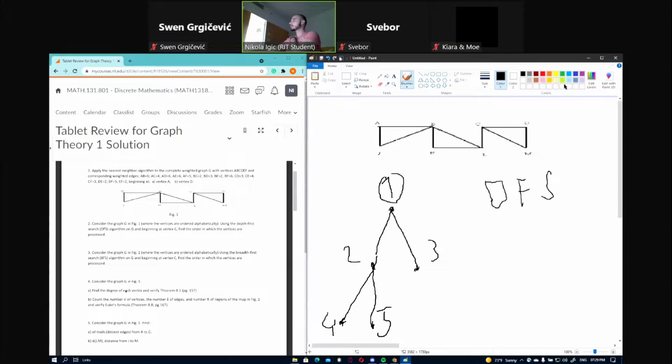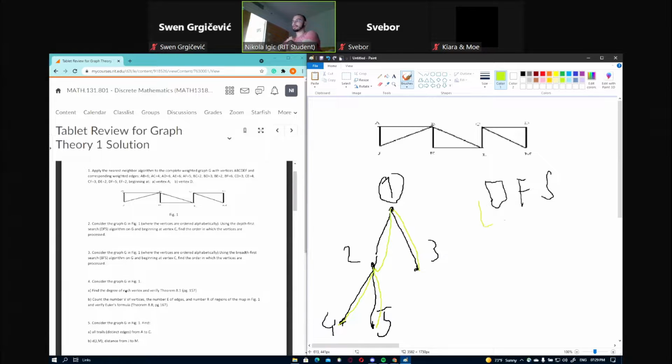I will use another color. Choose one path and go to the end, for example 1, 2, 4. Then you return to the closest dot that has something to do next, for example 2, 5, and in the end you return to 1 and go 1, 3.